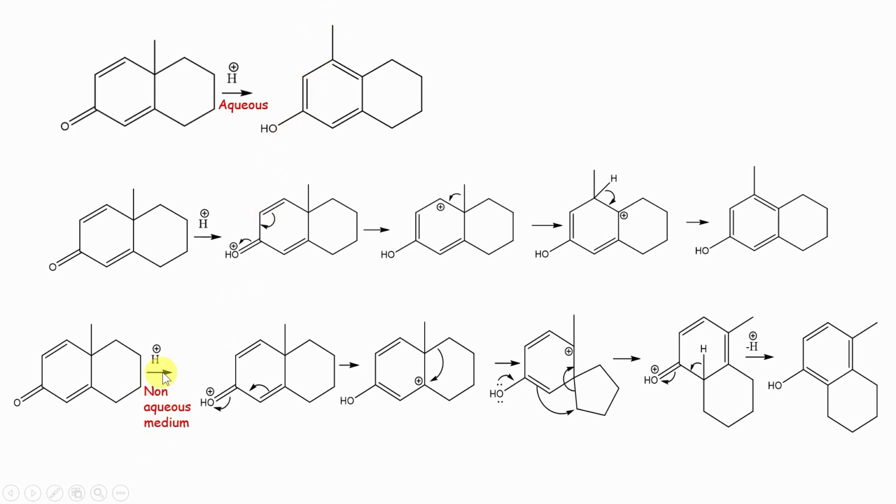But if we take a non-aqueous medium like sulfuric acid in the presence of acetic anhydride, on treating the same dienone with acid, we will get this para-substituted phenol.